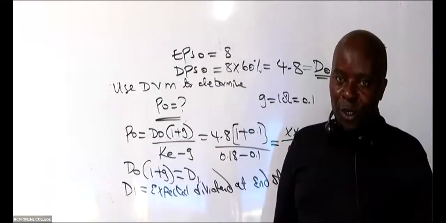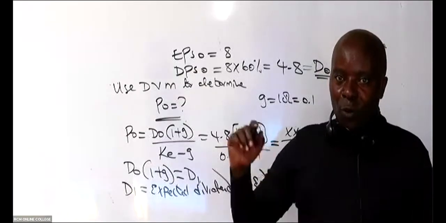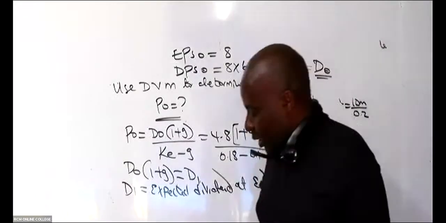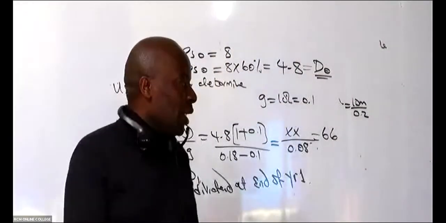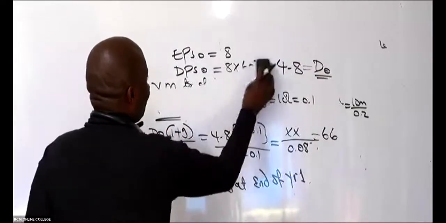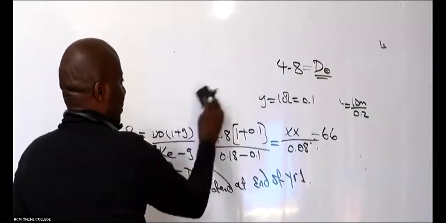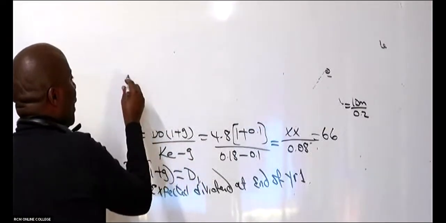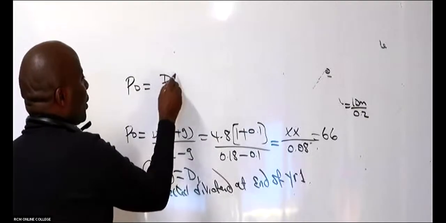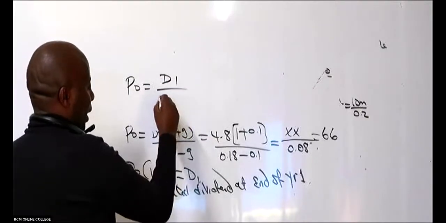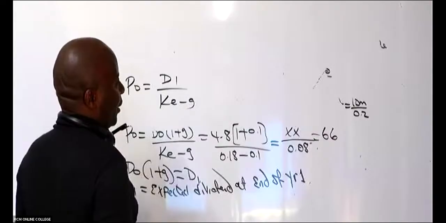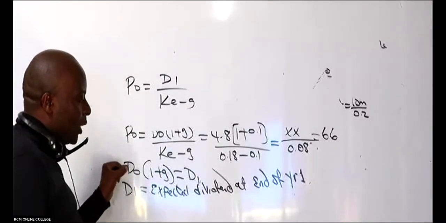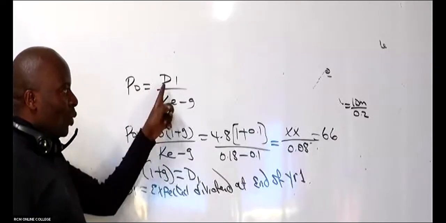So D0 is today's dividend. Then we have D1. And that is why you realize some books telling you that P0, I'm just preparing you because I know how these examiners will want to twist you. You'll get some books saying that P0 equals D1 all over Ke minus g, because already they have taken the initial dividend and grew it to make it D1.